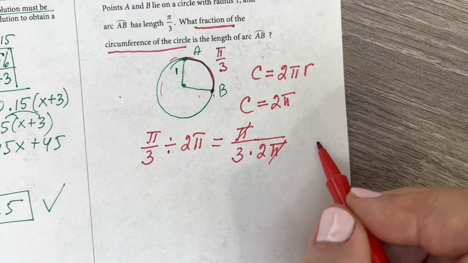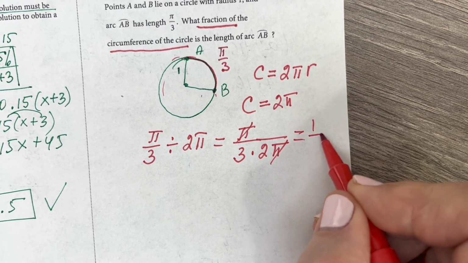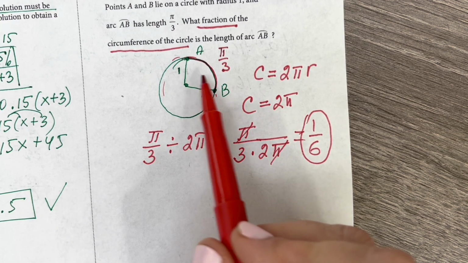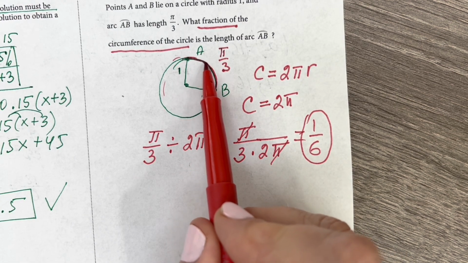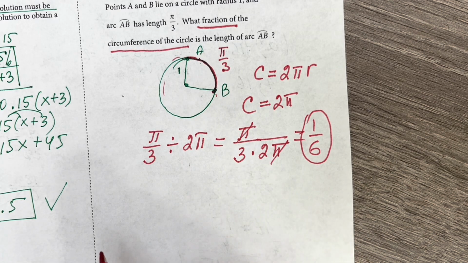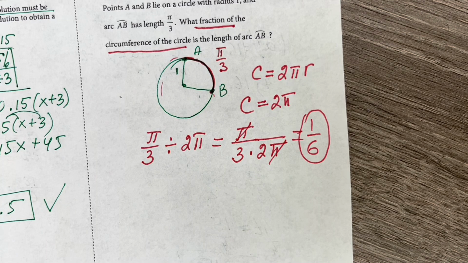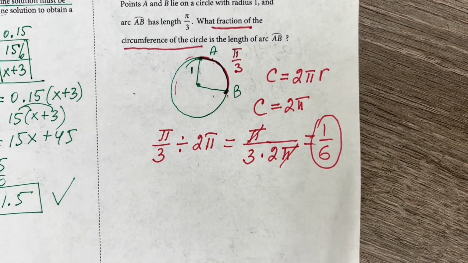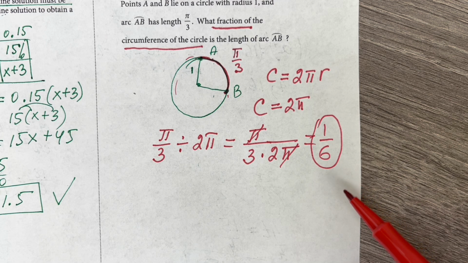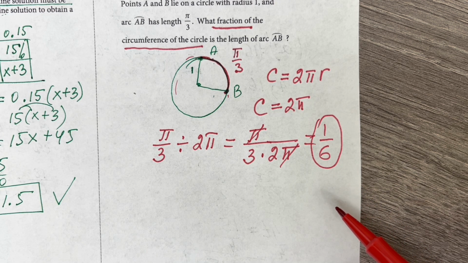The answer is 1 over 6, and that would be your fraction, length of this arc over whole circumference of this circle. And we finish that part 1, where there is no calculator, of the SAT test.